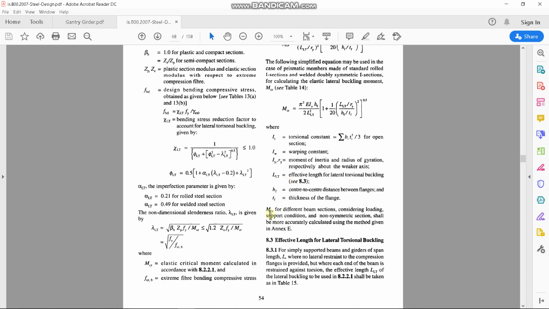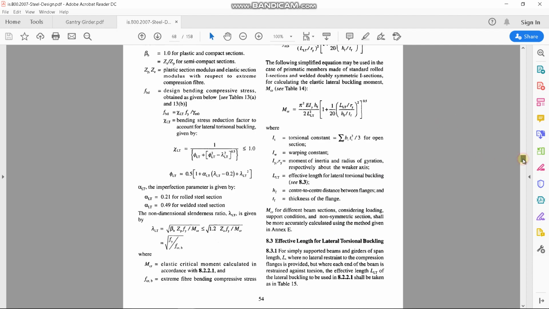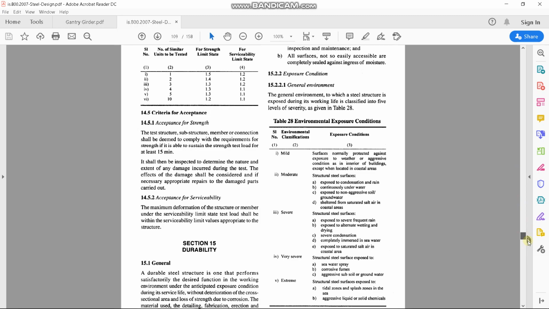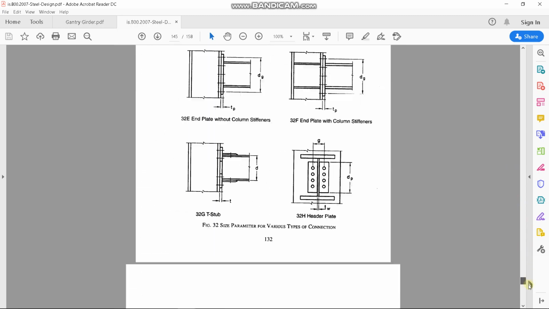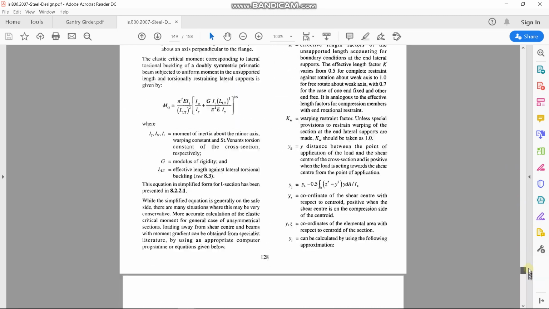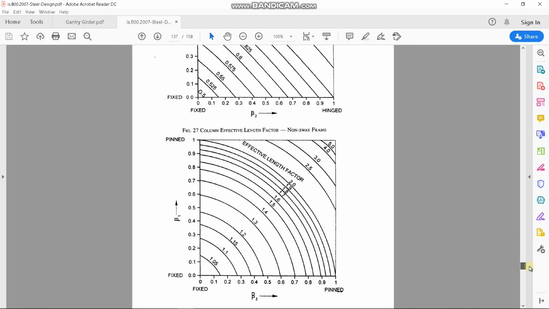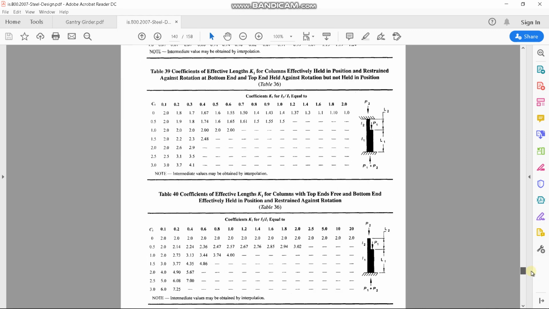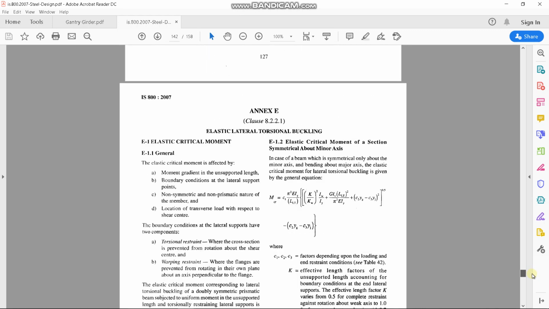If you read here, Mcr for different beam sections considering loading, support condition and non-symmetric sections shall be more accurately calculated using the method given in Annexure E. So for non-symmetric sections under different loading conditions, there is certain guidance given in Annexure E. If you find where Annexure E is, this is your Annexure E.